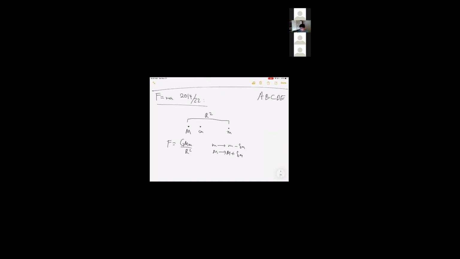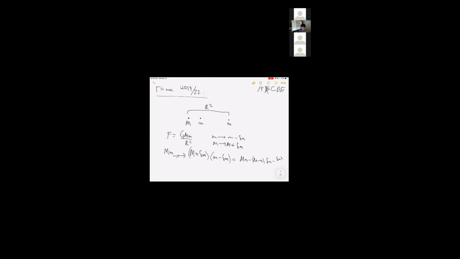It eliminates B because the gravitational force doesn't remain constant, but we're trying to find A. So the gravitational force is originally some constant times little m times big M, and then it goes to this value, imagining little delta m is much smaller than all of them.